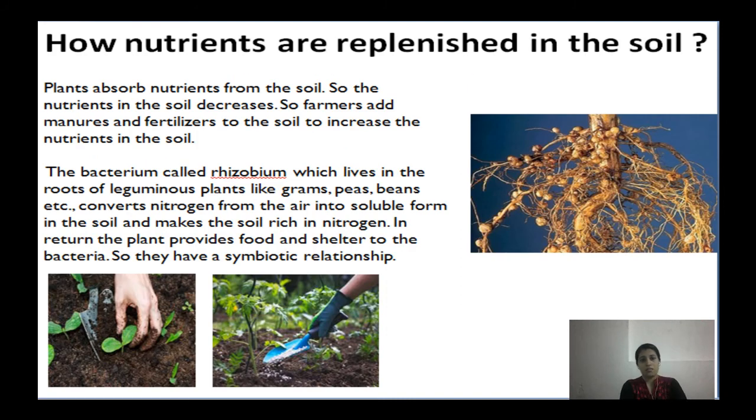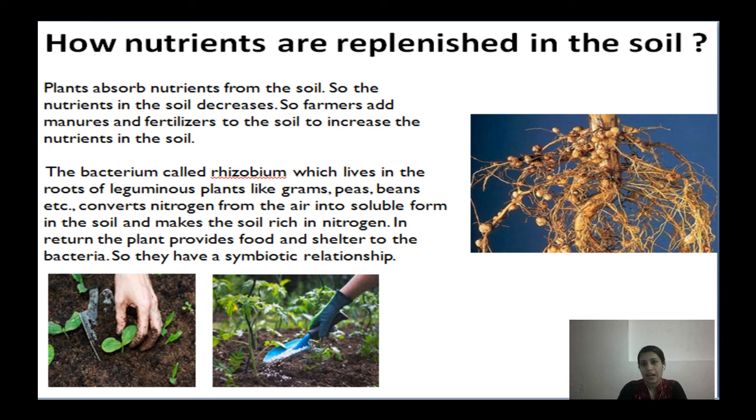Now the next topic is how the nutrients are replenished in the soil, how they are put back into the soil. Usually the crops require a lot of nitrogen to make proteins. After the harvest, the soil becomes very deficient in nitrogen. Though nitrogen is available in plenty in the air, plants cannot use it directly.